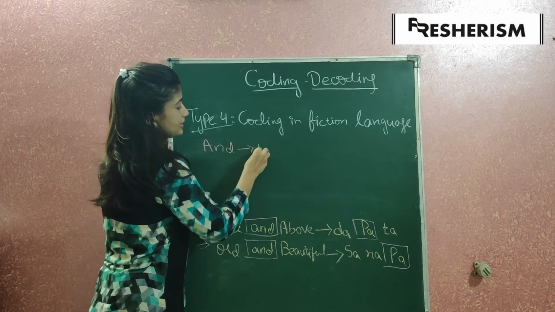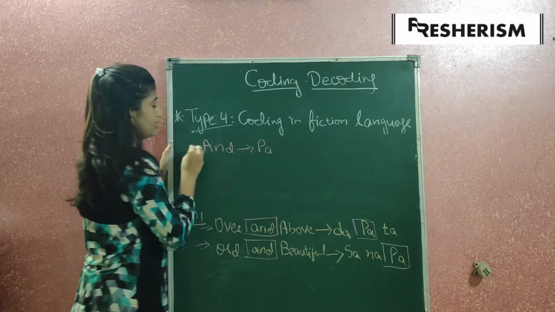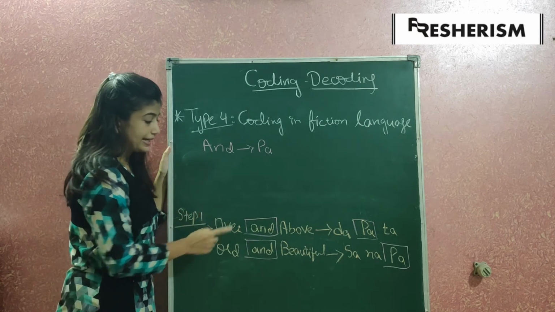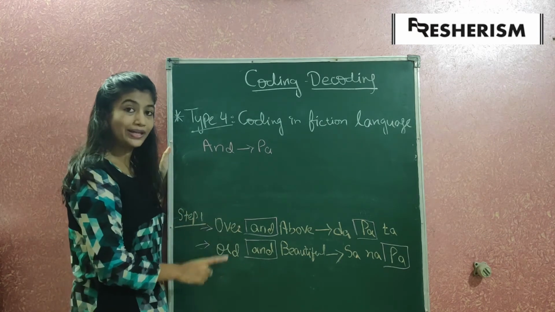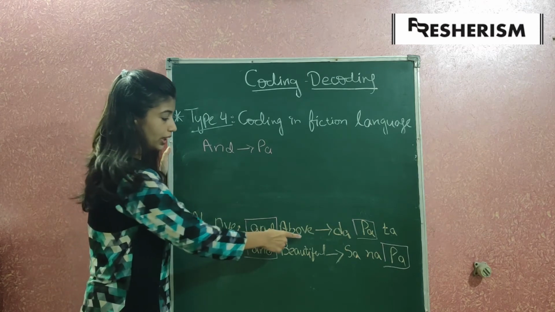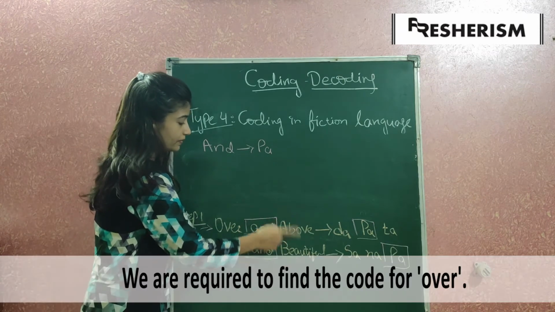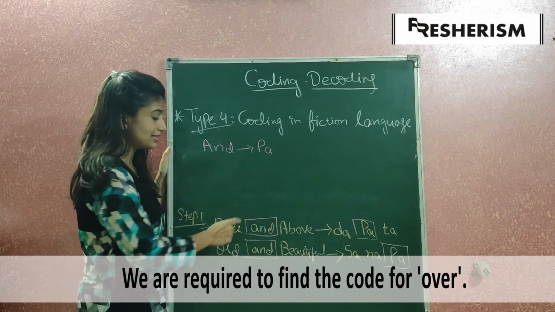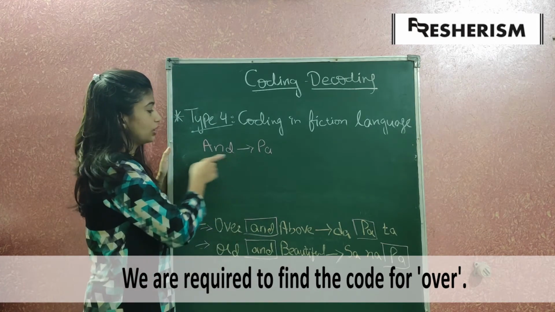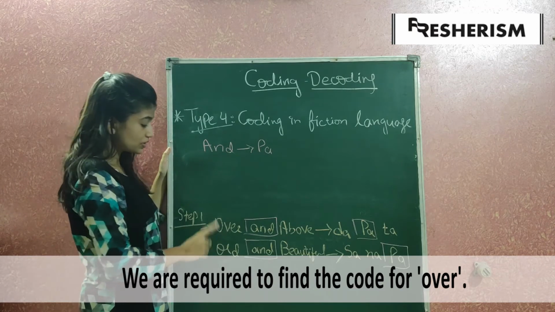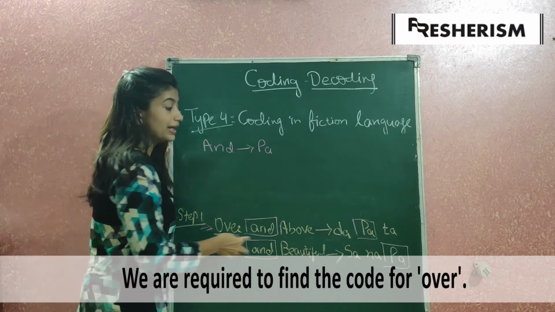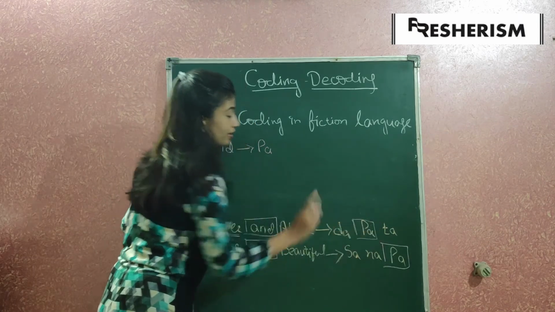But we have to find the code for over. Is there any other word common? Just check this. Over, above, old, beautiful. No common word is mentioned in both of the sentences, just and, and the code for AND is PA. So the code for the word over can be DA or TA.